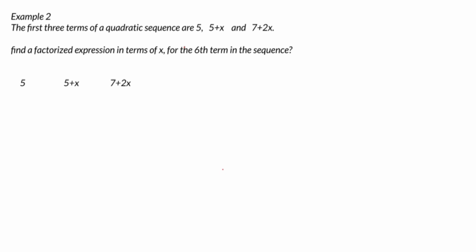The loop from 5 to 5 plus x, and then another loop from 5 plus x to 7 plus 2x. Now the difference between 5 and 5 plus x is plus x.